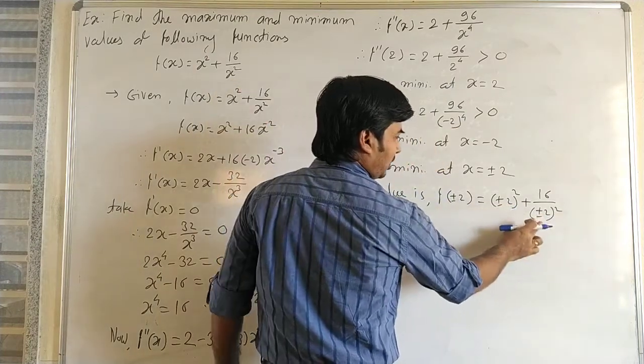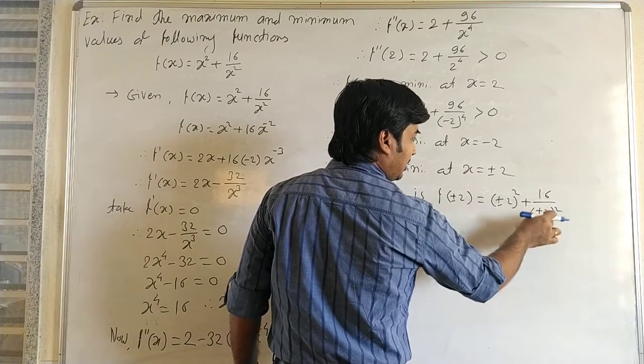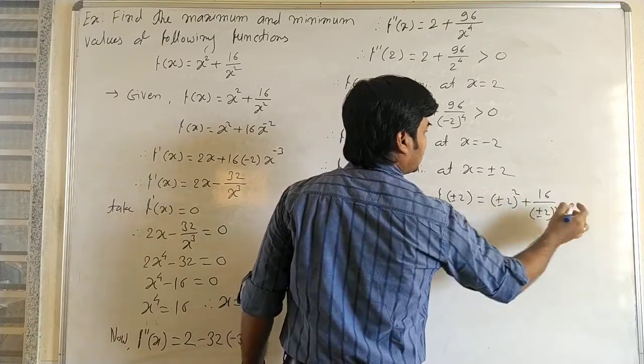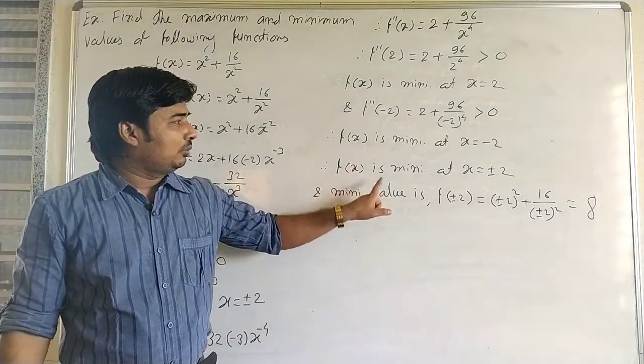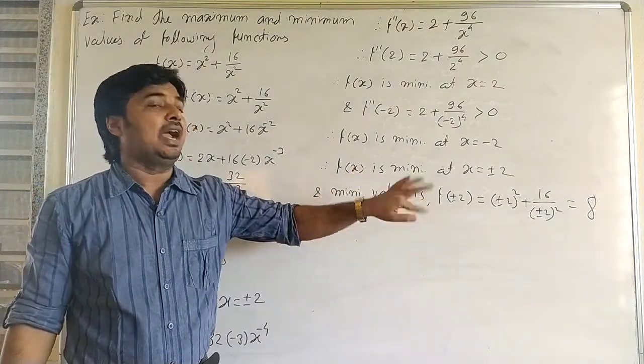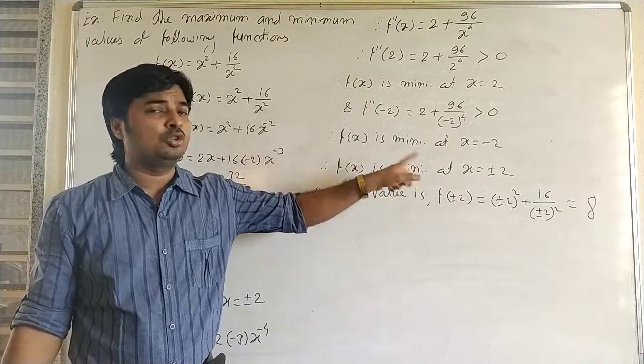It is 4. 16 divided by 4 means 4. 4 plus 4, it is 8. Therefore, minimum value of the function is 8 at x is equal to plus or minus 2.